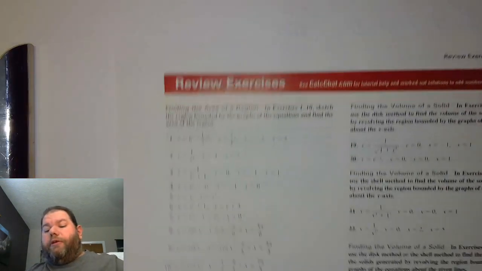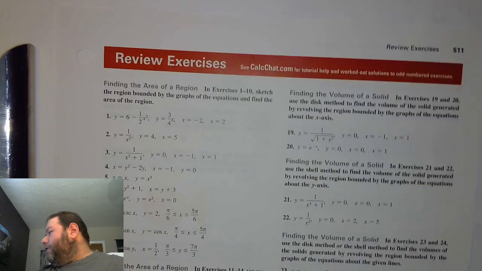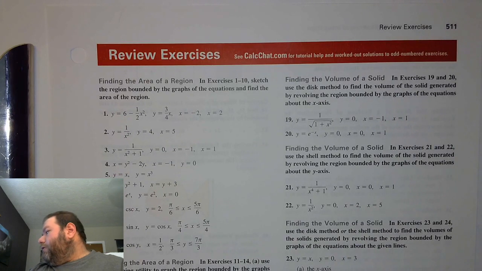We'll start with the problems on page 511. And so I ended up assigning, looks like 12 problems for review. Probably you can expect somewhere in the neighborhood of 9 or 10 problems on your exam.